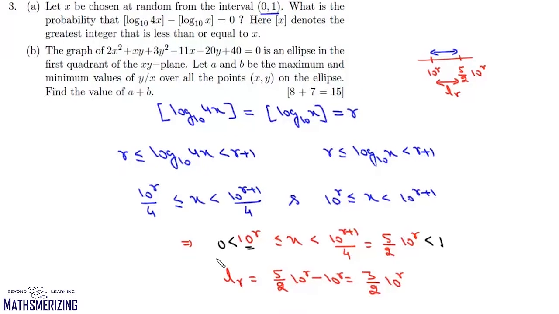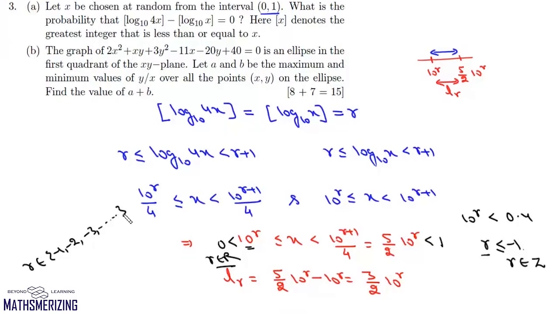Now 10 to the power r is greater than 0 for all r belonging to R, and 5 by 2 into 10 to the power r will be less than 1 if 10 to the power r is less than 0.4, that is when the value of r is less than or equal to -1, where r is an integer. So from these two conditions, r will take the values -1, -2, -3 up to -infinity.